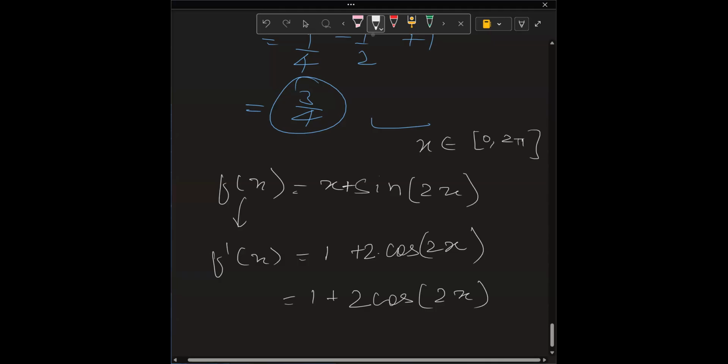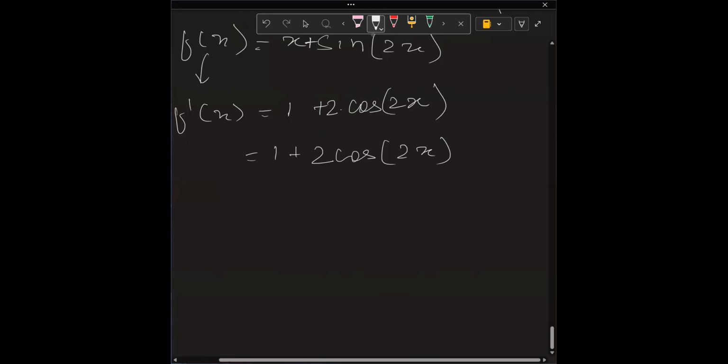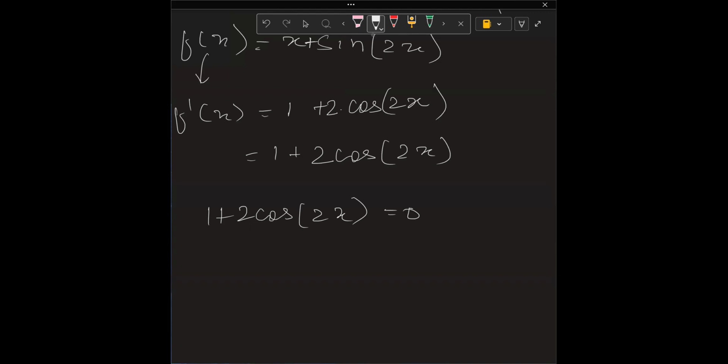So this is your derivative. Now you have to check for maximum and minimum. 1 plus 2 cos 2x must be equal to 0 at maximum and minimum.